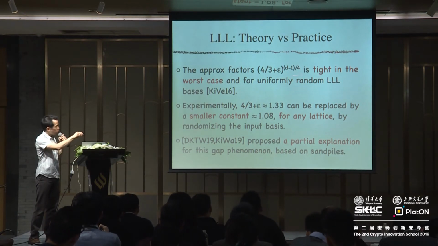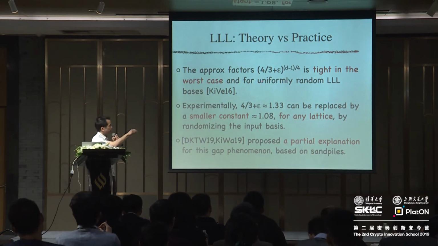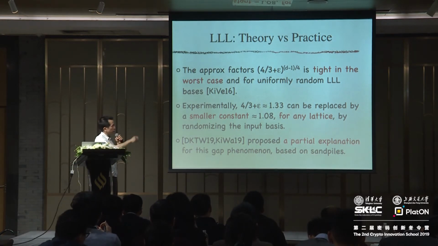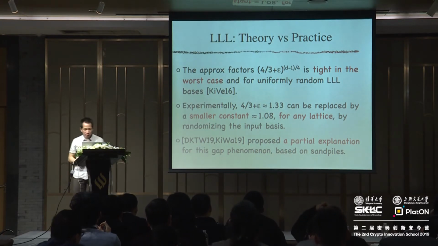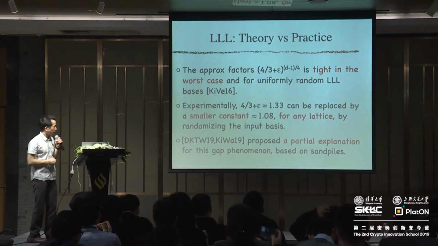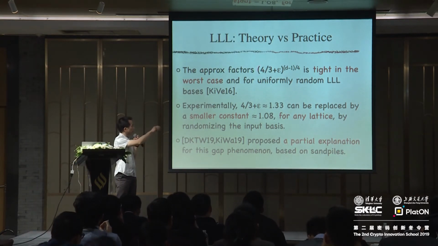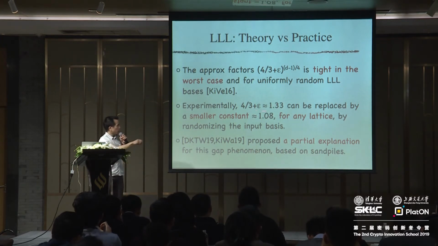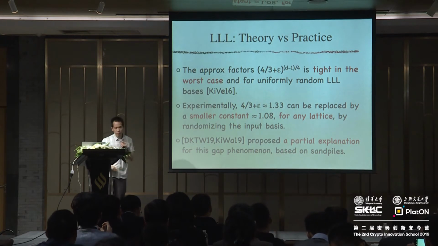So you can take the uniform distribution over these bases, and it was shown in this article that this is tight for random LLL bases. What is strange, however, is that if you run the LLL algorithm in practice, you get something better. Instead of 4/3, you get a smaller constant, something close to 1.08.